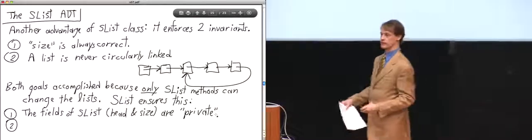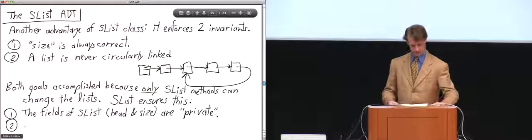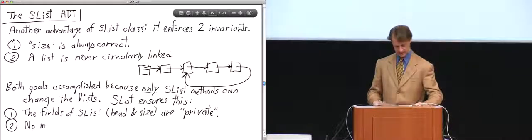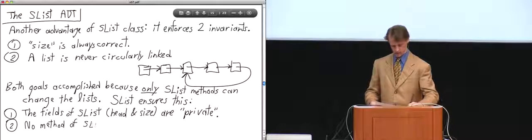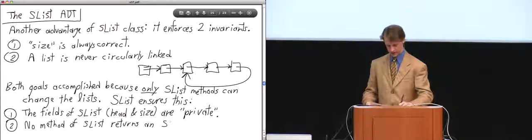We'll see different ways later in the semester. But one thing that makes life easier is if you never give somebody access to any of your S-list nodes. So no method of the S-list class, as we're going to see it this week, ever returns an S-list node.